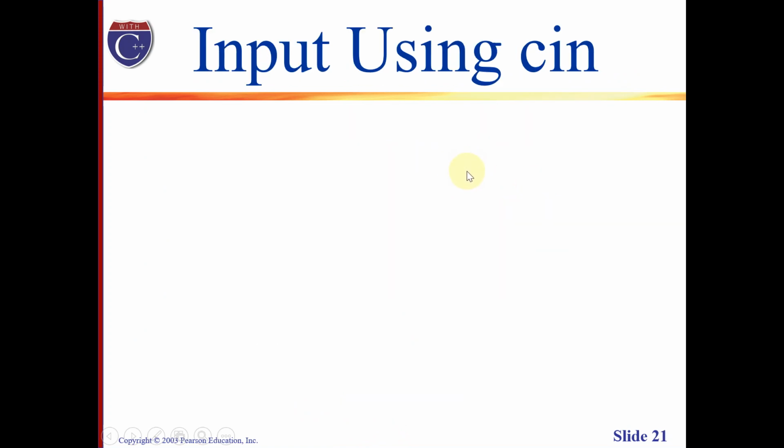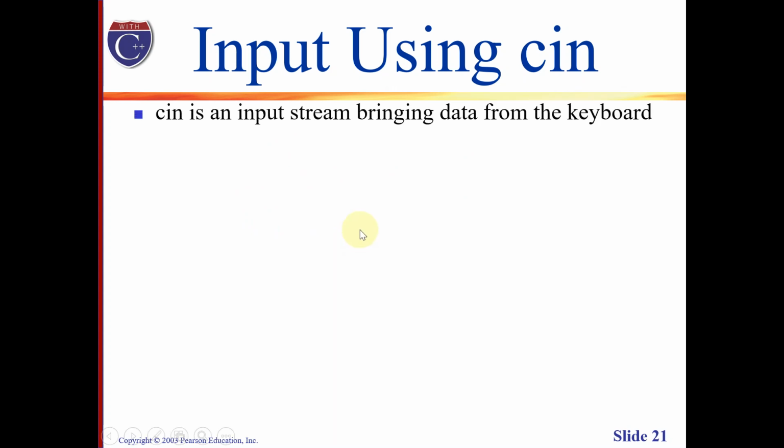Let's now talk about input using cin. As for input, cin is an input stream bringing data from the keyboard. We've already seen how cin works from our previous examples.